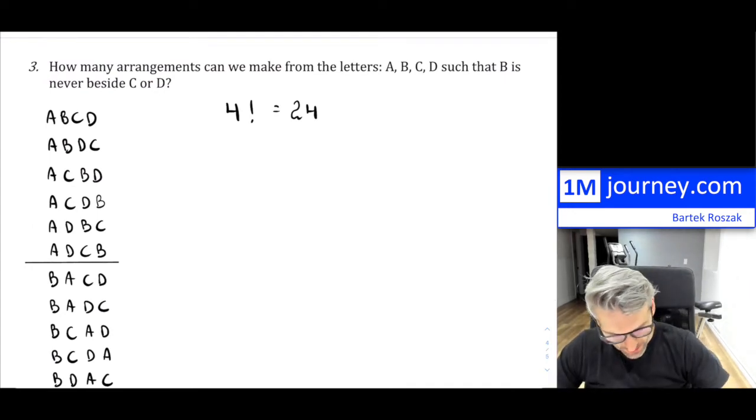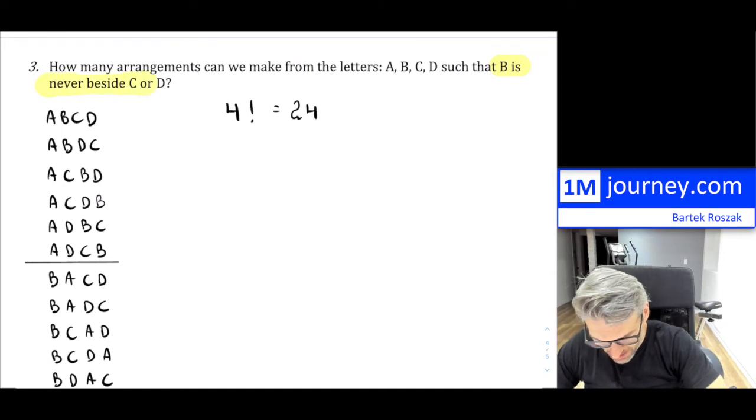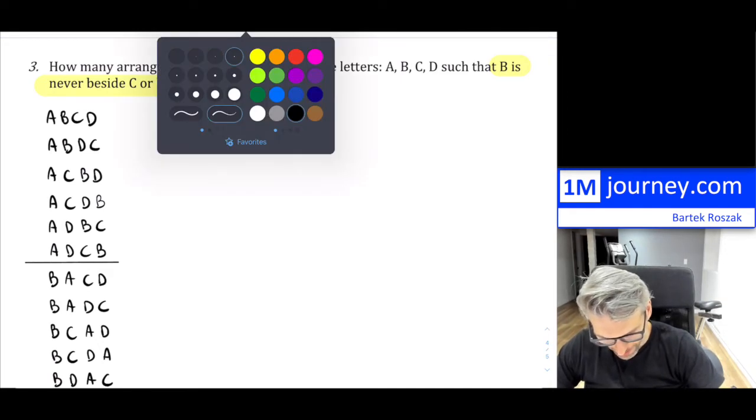Now, what they're telling us is that B, right here, is never beside C or D. So I'll switch the color just so that we can see it.